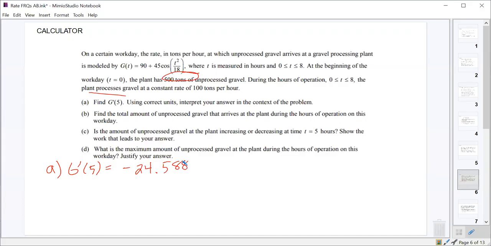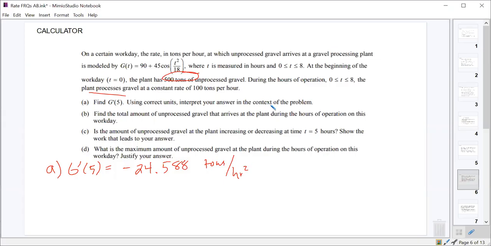All right, and then using correct units, interpret the answer in the context of the problem. g of t is measured in tons per hour, so the derivative of that ought to be tons per hour squared.